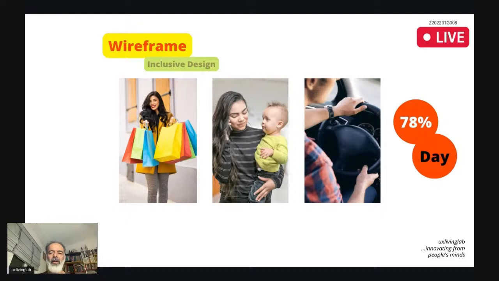So it will be distracting from driving. So don't use these types of designs. We know that 20 to 30 year old people are very sharp in reading, that's okay, but think about it, he's distracted because of the environment. That should be considered. So always keep in mind that 78% of daytime a user is distracted.